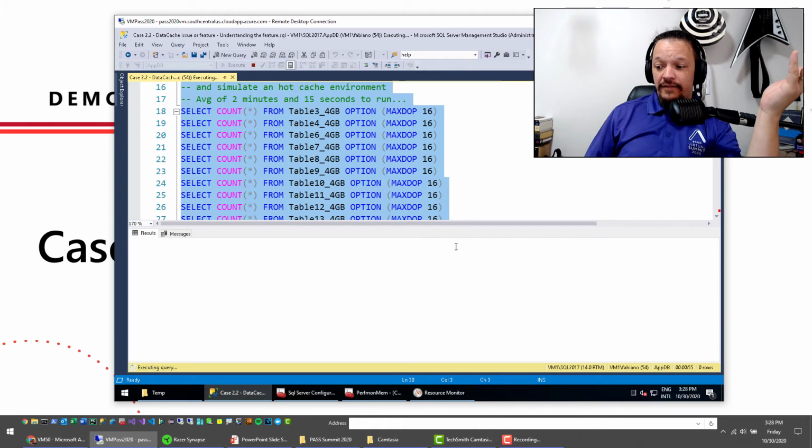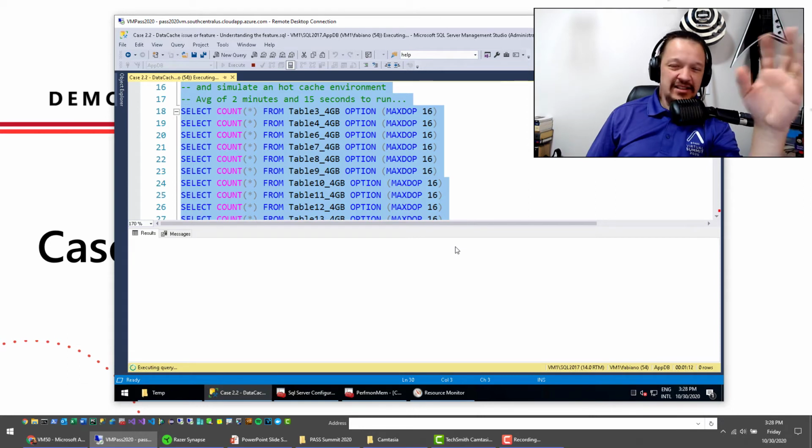So kind of like if you had the ability to tell SQL Server, leave those pages, leave those tables in memory and don't remove them in case of memory pressure. You could pin a table, but that's not what I'm doing here. That's not what's happening.